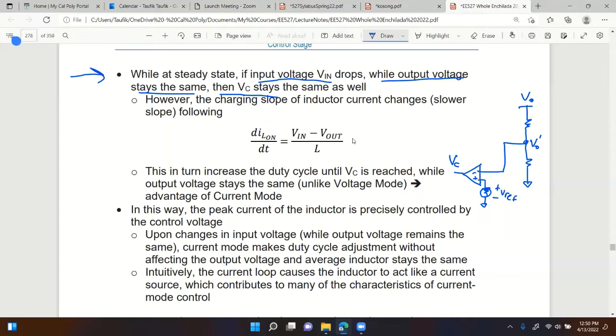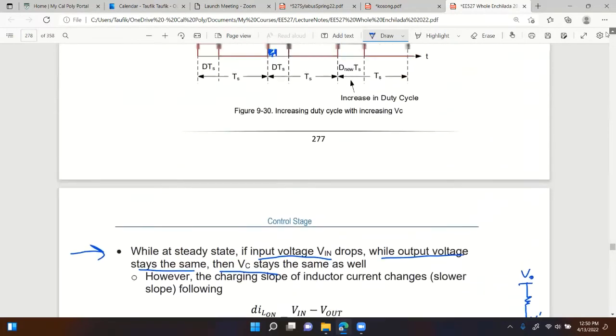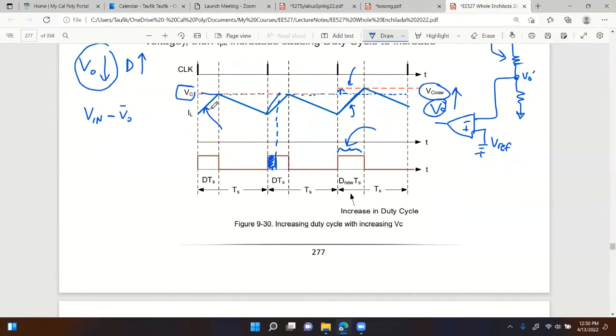If output voltage does not change, of course VC stays the same. And what does VC define in our current mode controller? VC defines the peak of the inductor current.